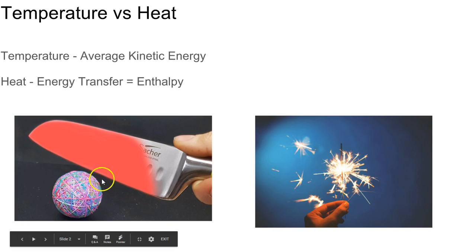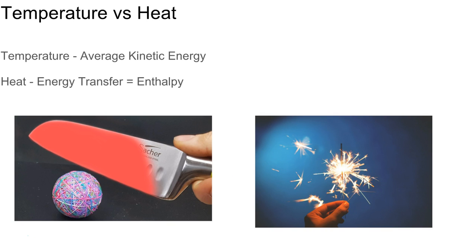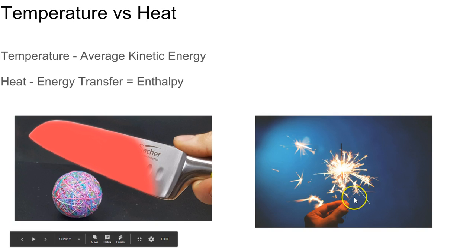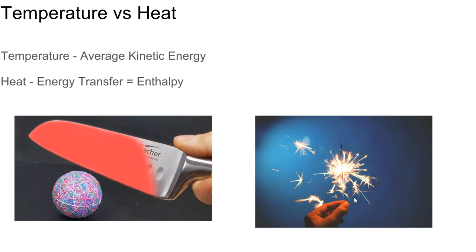So we see here this 1,000-degree knife, and we see here the sparks that are coming from the sparkler that we have over here. Obviously, this 1,000-degree knife, if you were to put this on your skin, would cause some pretty hard damage. However, we can hold this sparkler pretty close to the sparks without really worrying about getting burned.